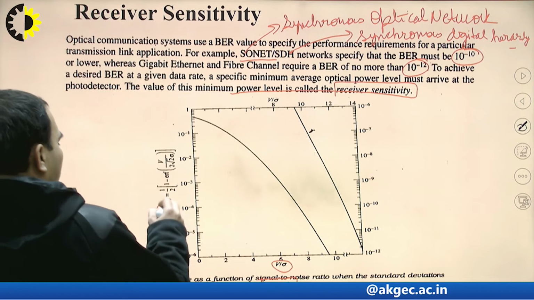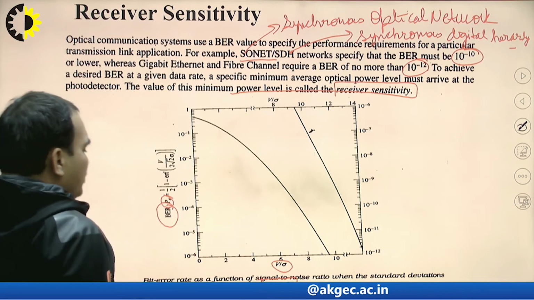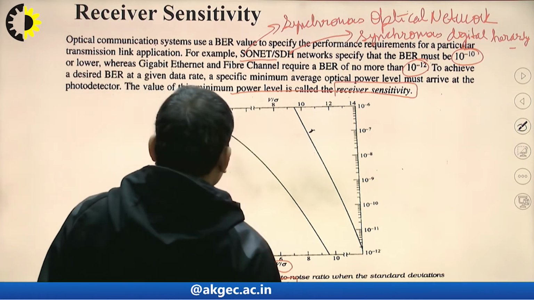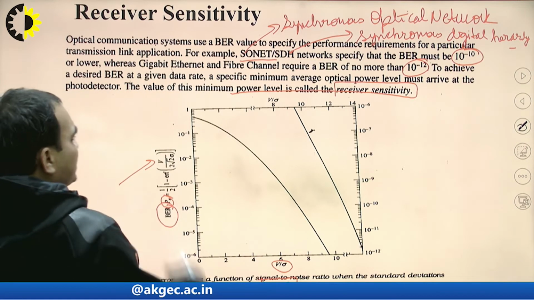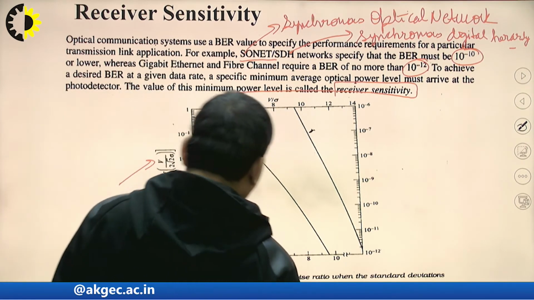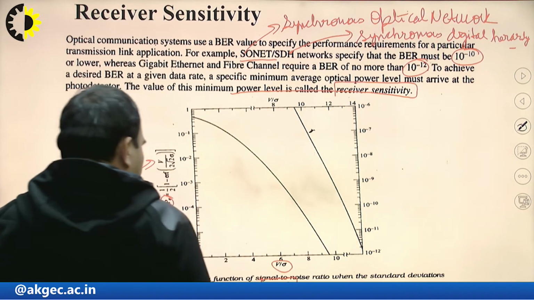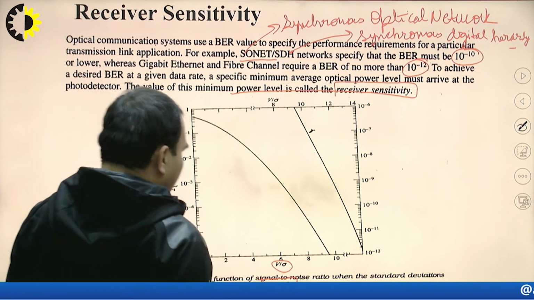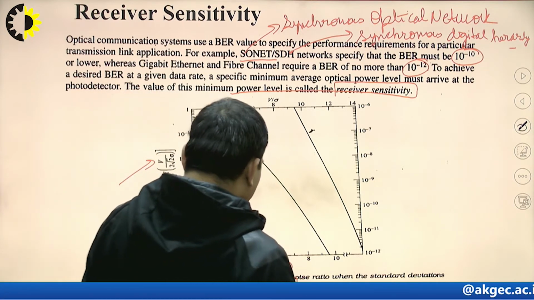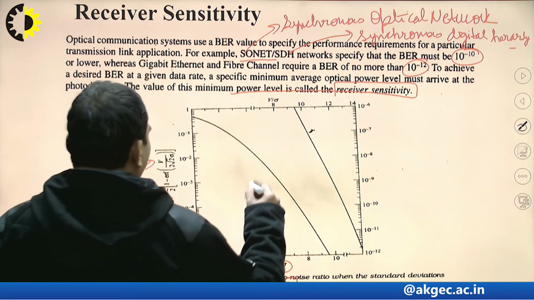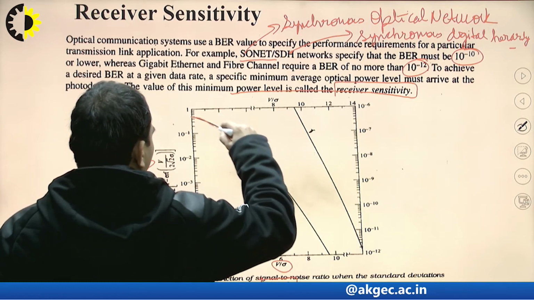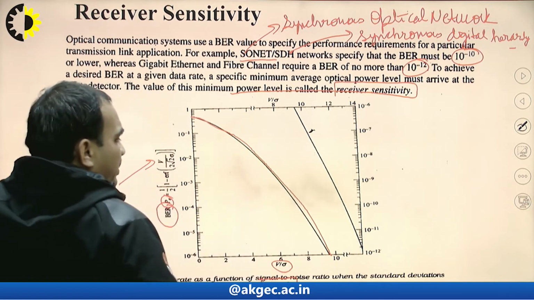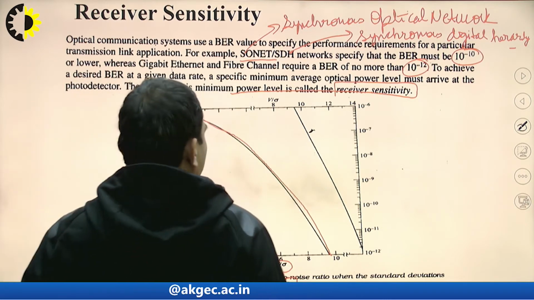The probability of error is given by P_E equals 1 by 2 times (1 minus ERF of V by 2 under root 2 sigma), where sigma is the standard deviation. As the signal to noise ratio increases from 0 to 10, the probability of error, or bit error rate, is decreasing. Similarly, we can see the other curve.